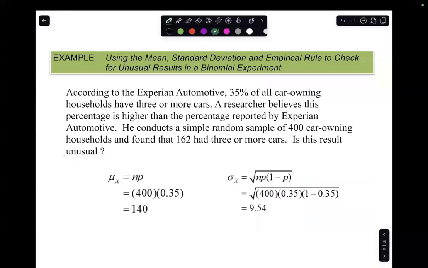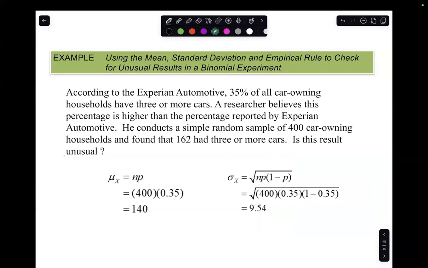Okay. So what we want to know now is, somebody conducted a simple random sample of 400 car owning households. They found that 162 of the households had 3 or more cars. We want to know, is this result unusual? There's a couple of different ways that you can do this.